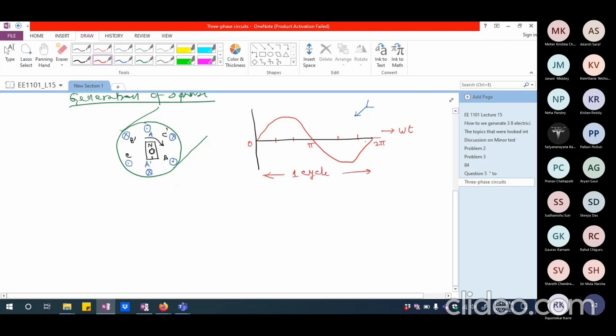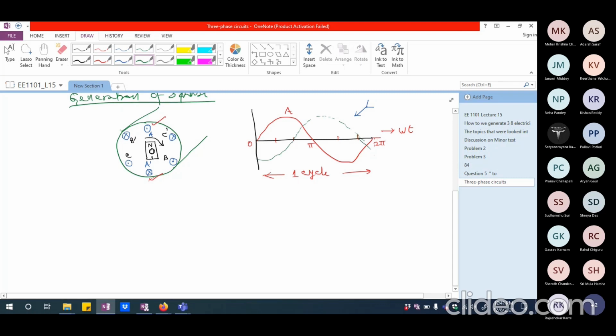So I am going to have this as the first voltage waveform that is coming between A and A dash. And I'm going to get a second voltage waveform which is going to be 120 degree shifted, because spatially they are shifted from each other by 120 degrees.